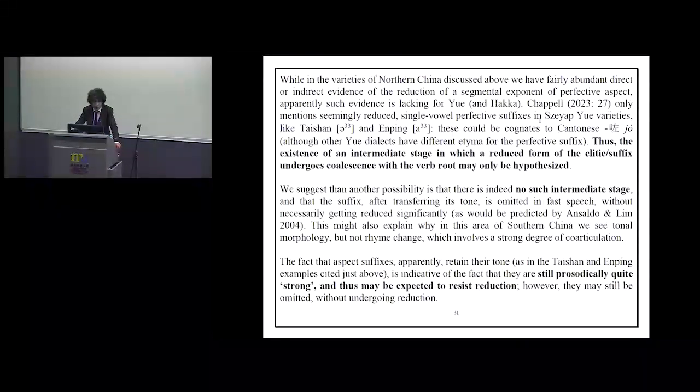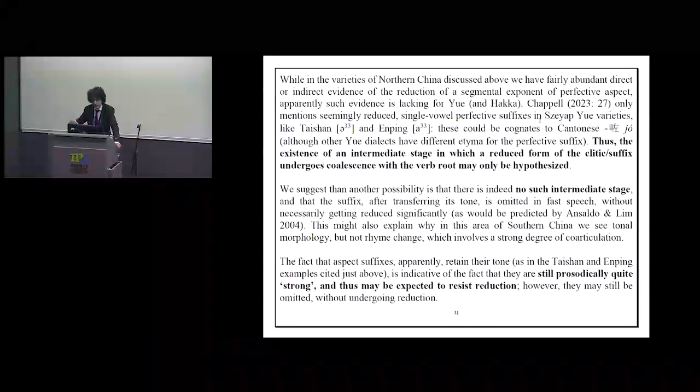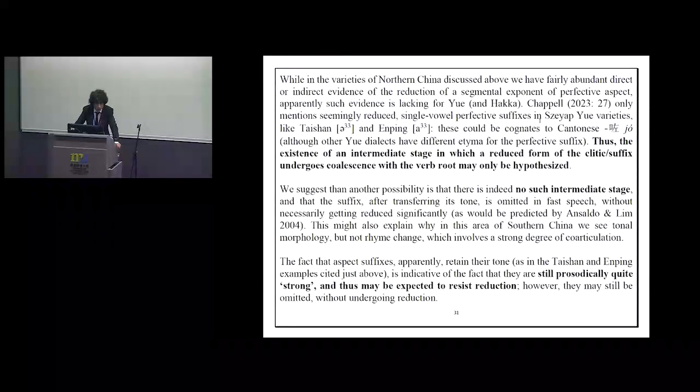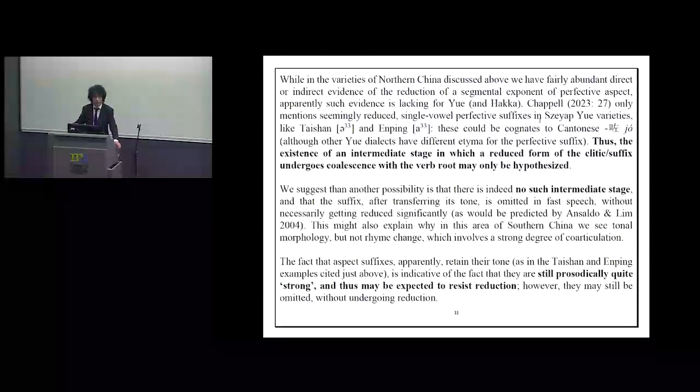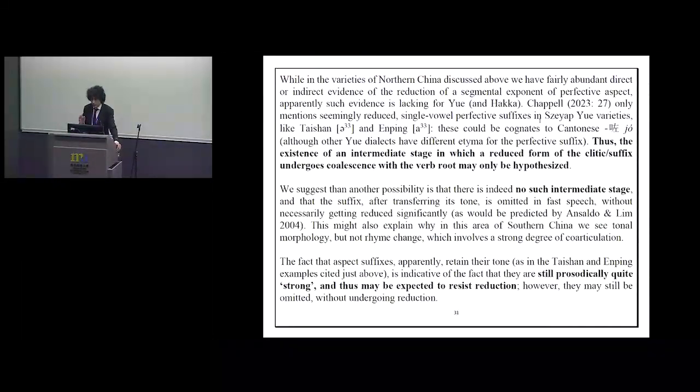It's just that the suffix, after transferring its tone to the verb root, is omitted in fast speech without necessarily getting reduced significantly, which might explain why you see tonal morphology but not stronger fusion, like rhyme change, bianyun, or stuff like that, because that involves a stronger degree of co-articulation. So it does seem that the boundaries are quite strong.